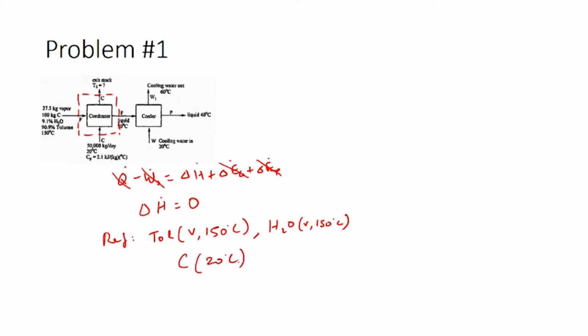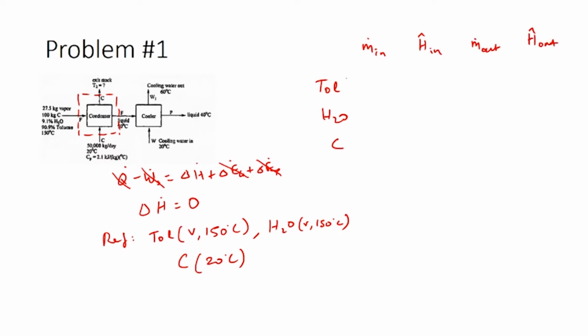So, these are the information we have, and now let us build the enthalpy table. The enthalpy table would have toluene, water and coolant, and we will have M in dot, H cap in, M out dot and H cap out.